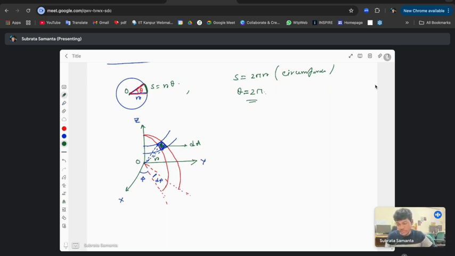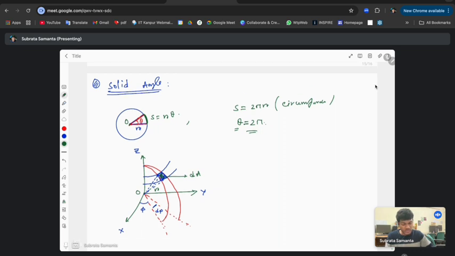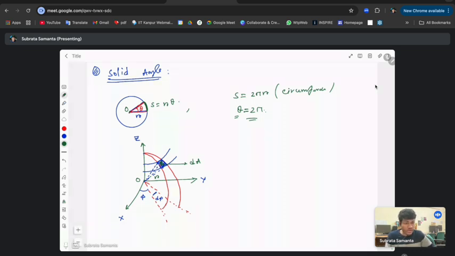Now in this case, what is the solid angle? Here is the angle in the plane, but in this case we are calling this a solid angle, because this is a 3D object. So this area element dA, what is the angle that this area element dA creates at the origin?